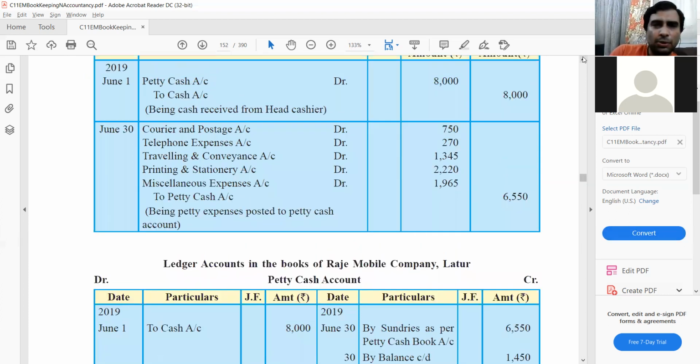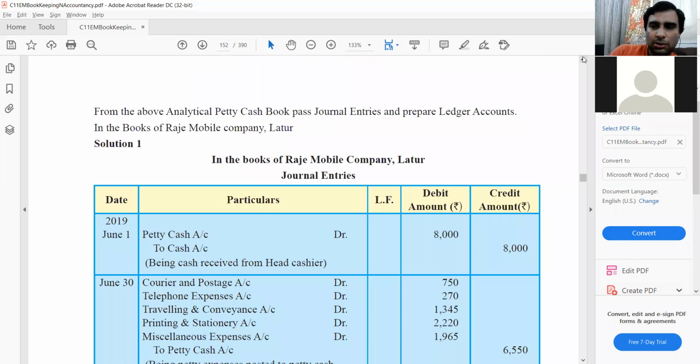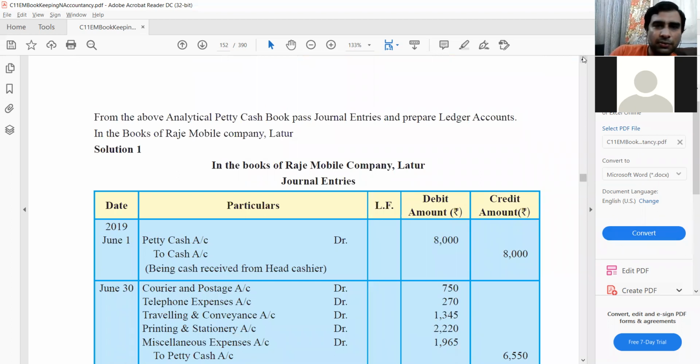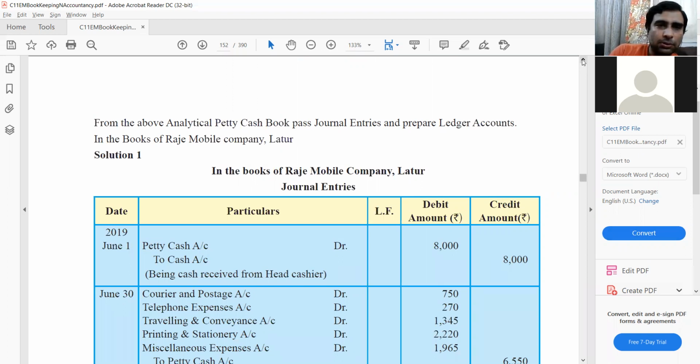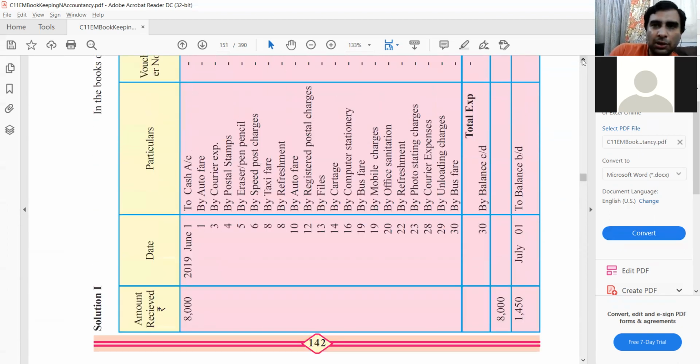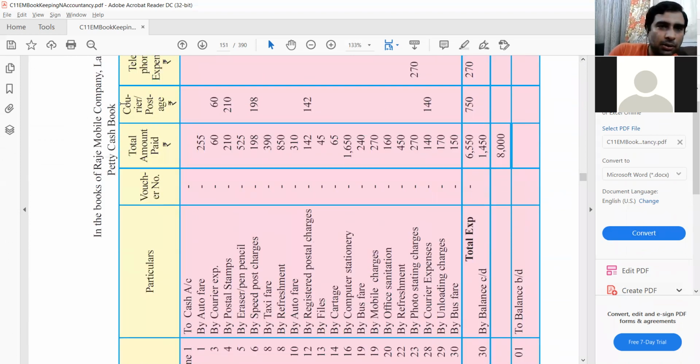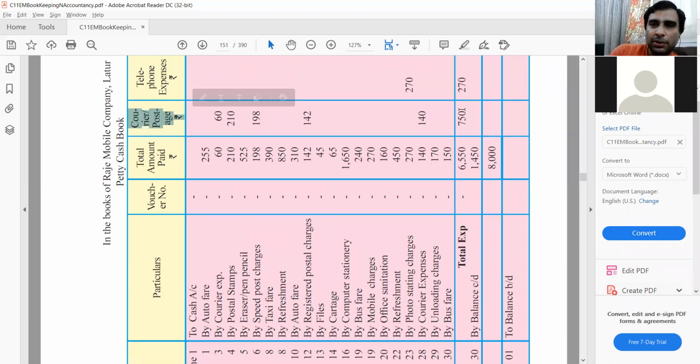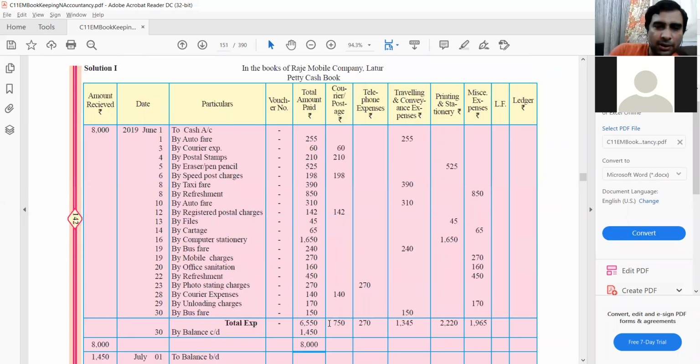There's probably not much need to do more and more solved examples in the books of Rajay Mobile. From the analytical petty cash book, pass journal entries. Now, this is an important extension to the analytical column cash book format, the petty cash book. So you have incurred in this month courier charges 750 rupees, that is visible here.